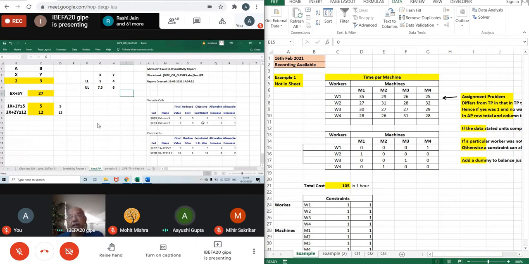Sir, does it mean that the optimum allocations can lie within this range? Yes. Okay, sir.